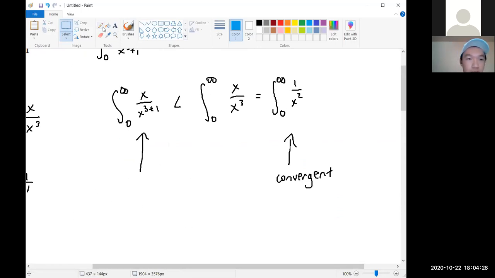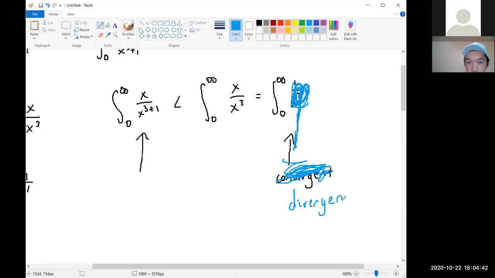And let's say we got some integral here and we analyze it, and this integral was not convergent, but divergent. So we have a divergent function, and our original integral is less than a divergent integral.